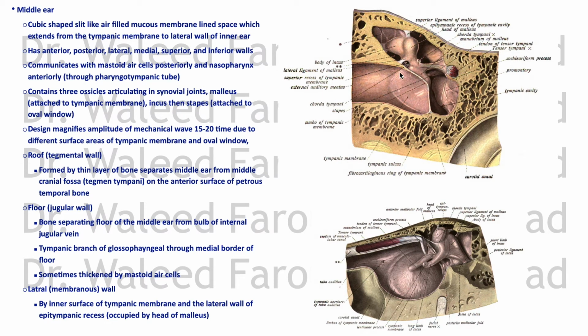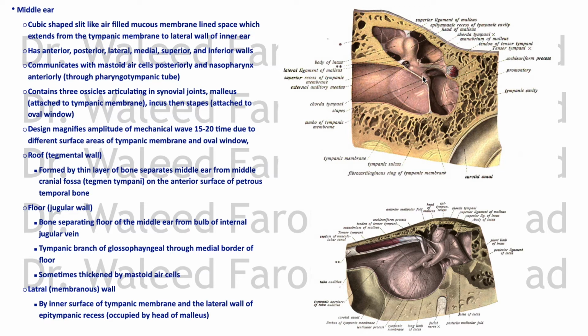Now, once you pass the tympanic membrane, you are in the middle ear. The middle ear is a cubical slit between the inside of the tympanic membrane laterally and the lateral wall of the inner ear medially. This wall, which bulges towards the inside, is called the promontory. It's produced by the basal turn of the internal ear.